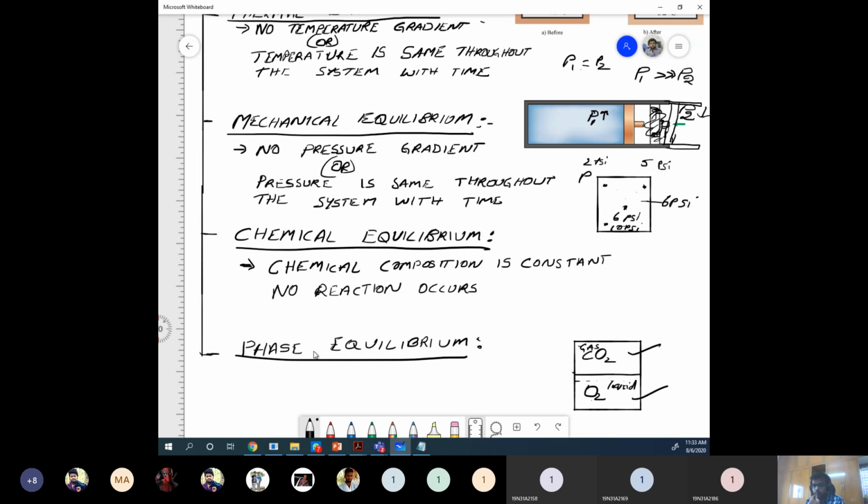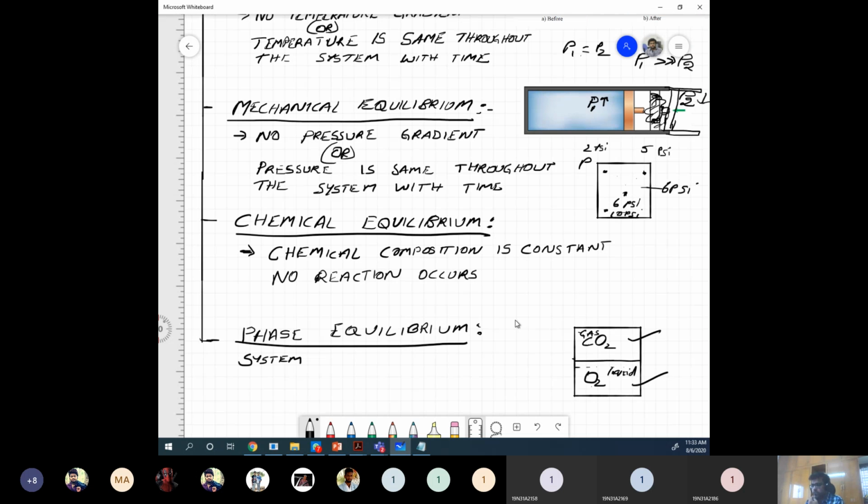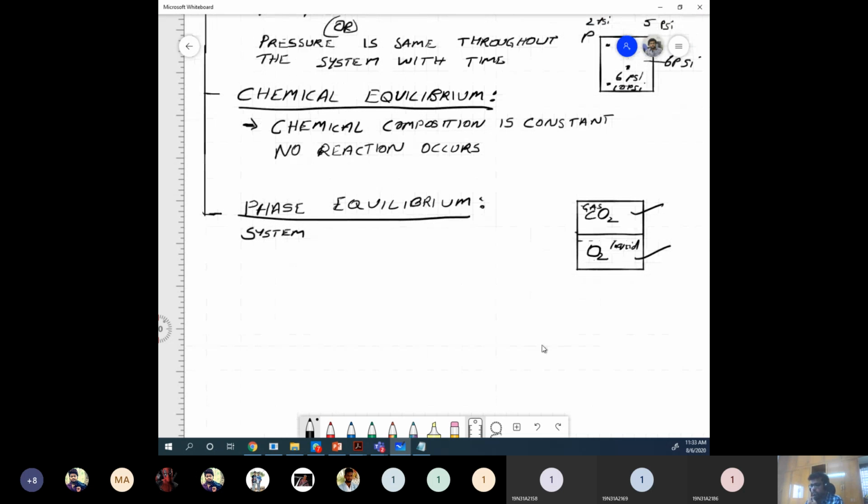Once they are mixed together, we see that the system, after mixing together, will try to become only a single phase. If you have two different phases, let's take an IC engine, where at the inlet you don't inject only fuel, right?